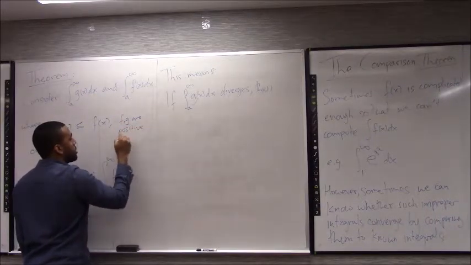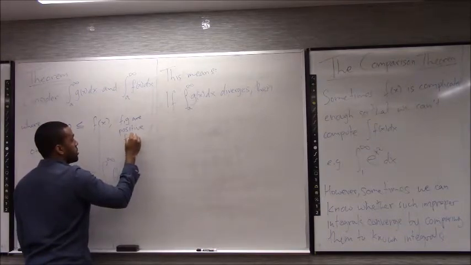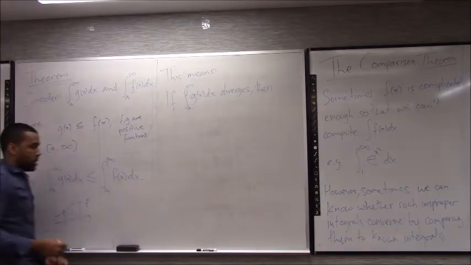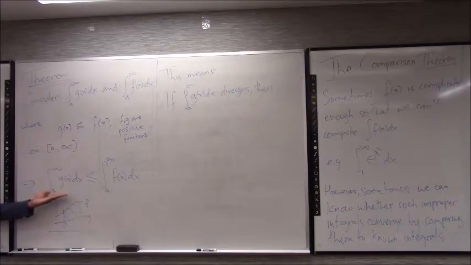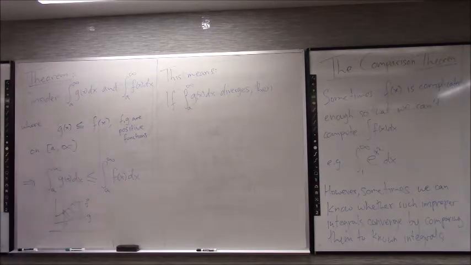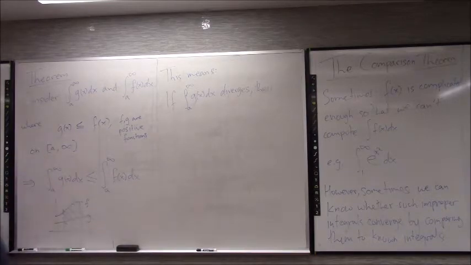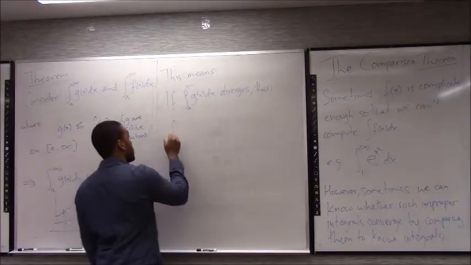I mean, they're always giving a y value that's positive. So I know if these guys exist, there will be some positive number. Can you make any conclusions about this integral if this guy diverges? Yes, the integral from a to infinity of f of x will also diverge.